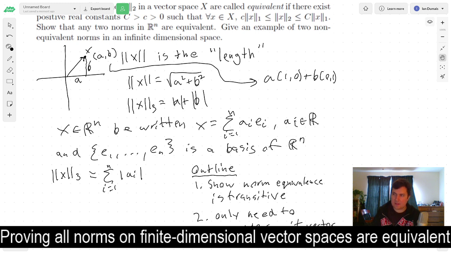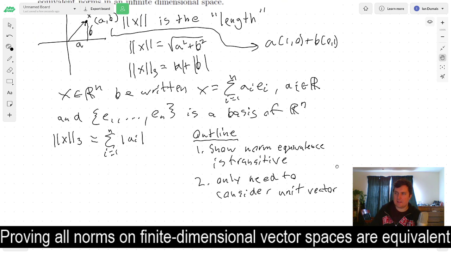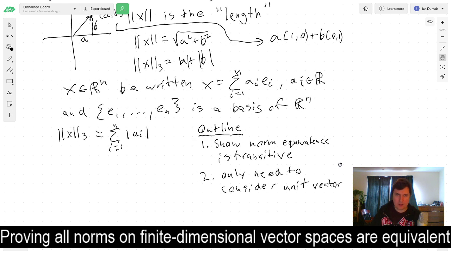Basically, we'll say if this is true for unit vectors, it's true for all vectors. And when I say this, I mean this sort of inequality here. And that's easier than it looks.